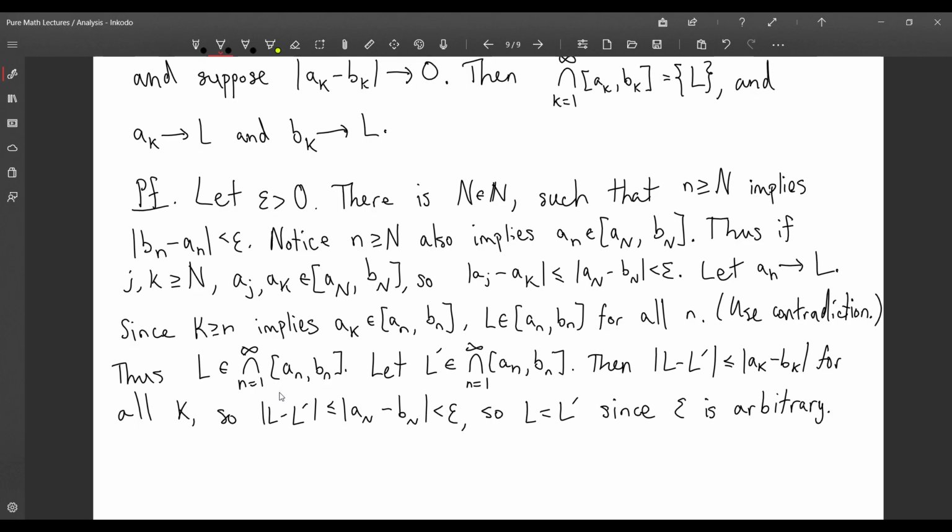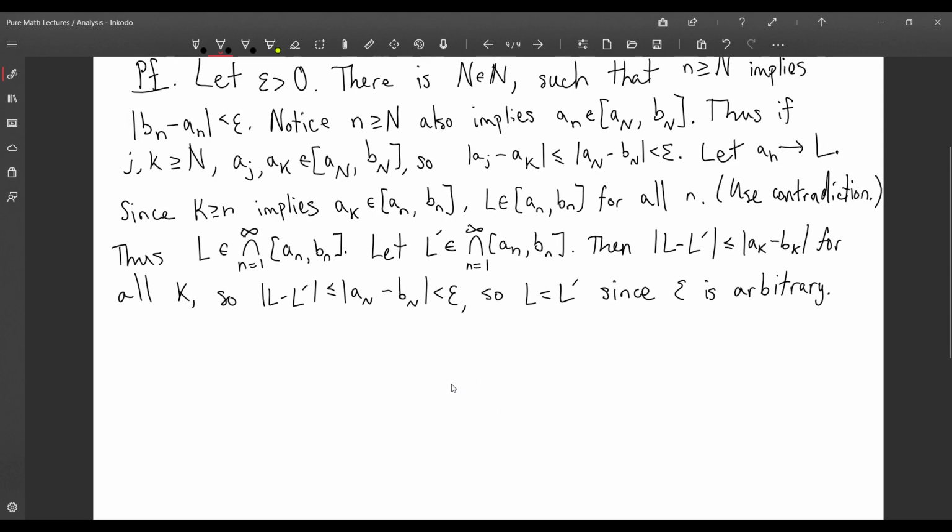No matter what epsilon I pick, this distance is always going to be less than epsilon, and since this is a constant, if I were to argue that this distance were not 0, I could let epsilon equal that distance, and it would arise at a contradiction. So this distance has to be 0.